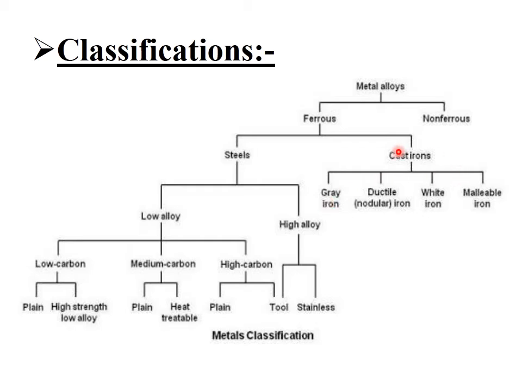So today we will study cast iron, and the different types of cast iron depend on the nature of the carbon. It's further characterized as gray iron, ductile iron, white iron, and malleable iron.